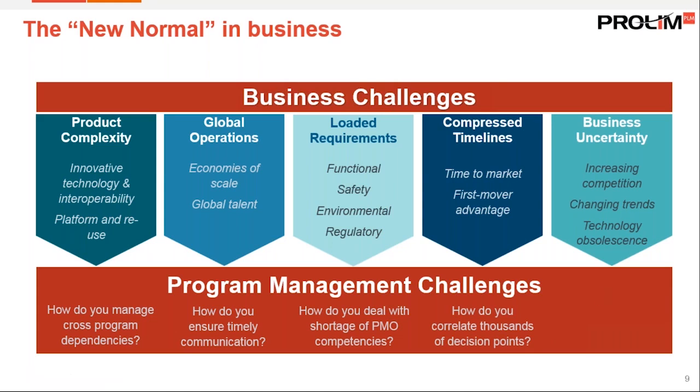Then a lot of decisions need to be taken during the execution of the project. Those decisions should be supported with real-time data, which is accurate, trustworthy, and up to date.